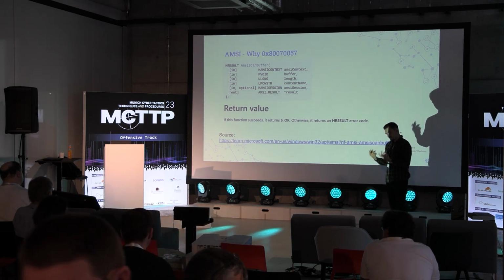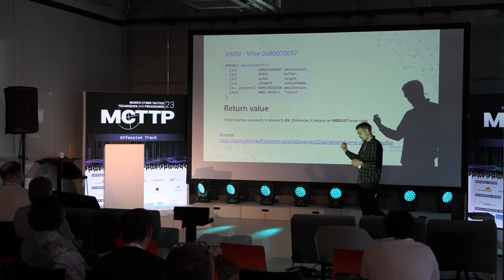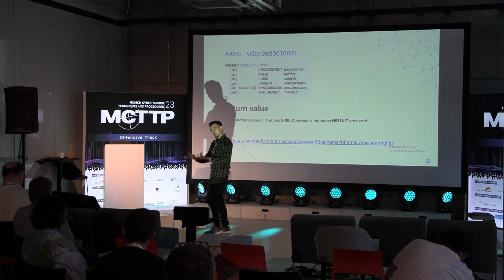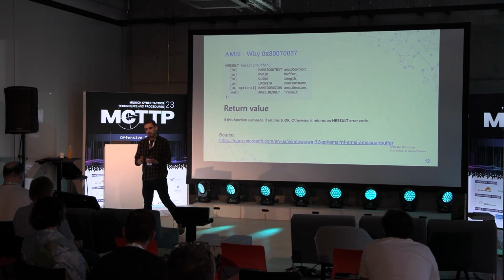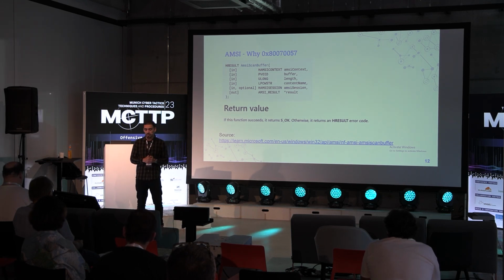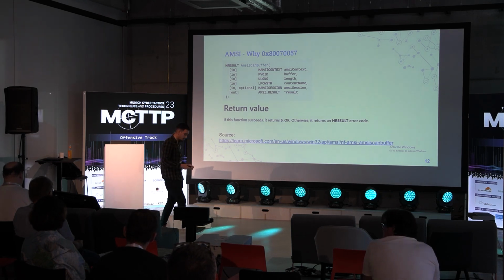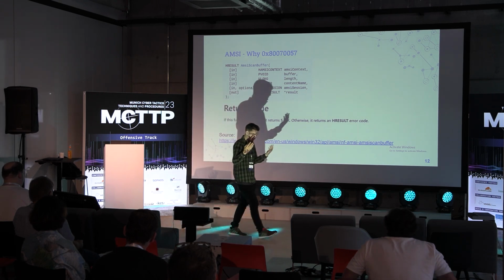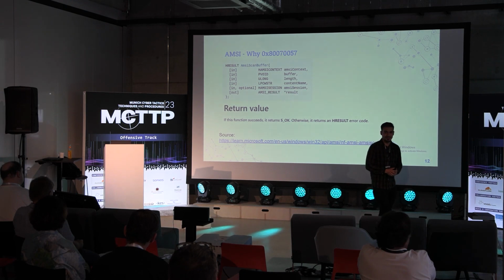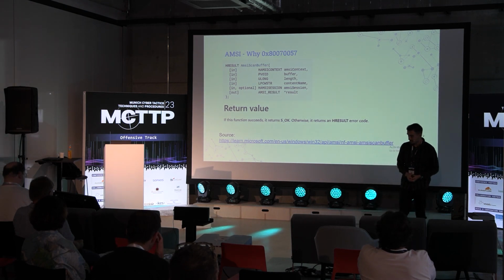So basically what Microsoft didn't mention in this official documentation is that if the AmsiScanBuffer function itself returns an HRESULT error code, the script will run regardless of the content that we provide to the function as arguments.